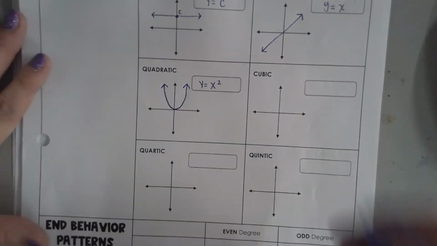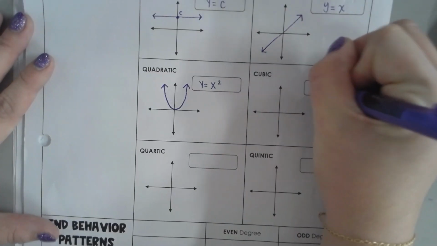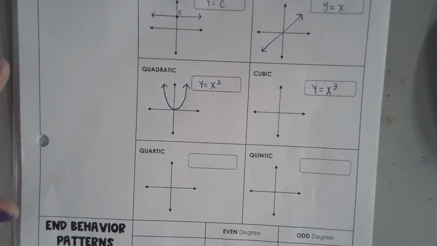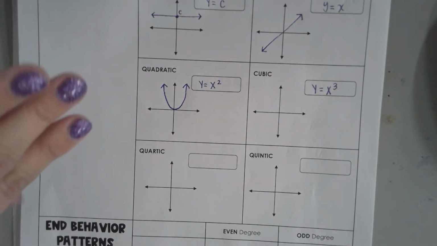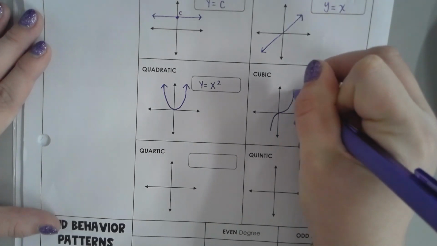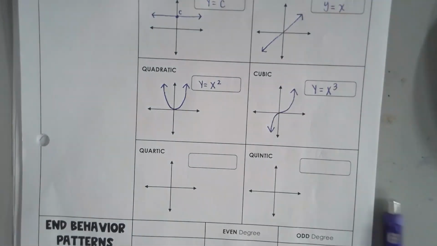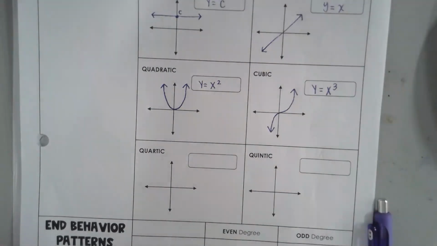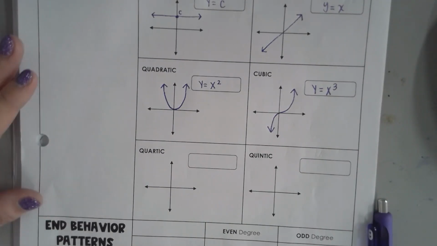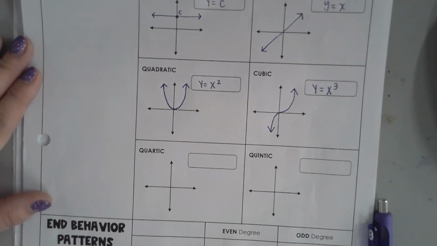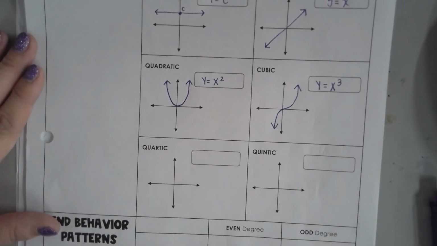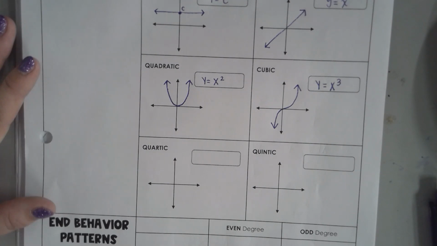A cubic, y equals x cubed. This is what a cubic function looks like, just the original parent function. I'm also, in a different color, going to put another example of a cubic.